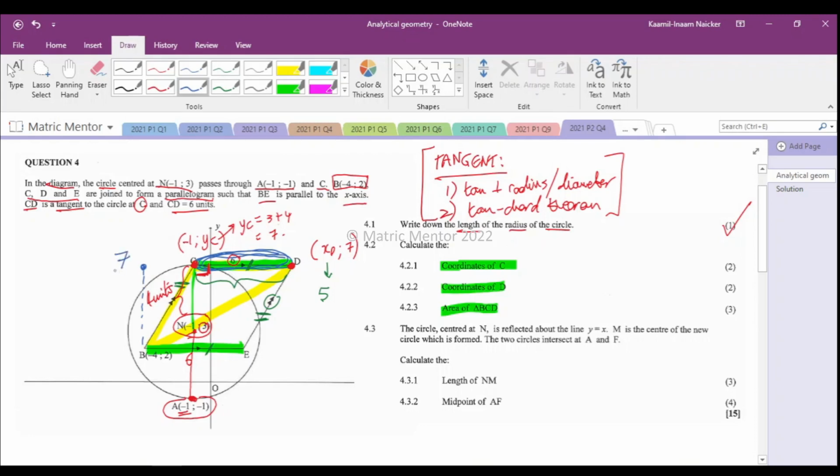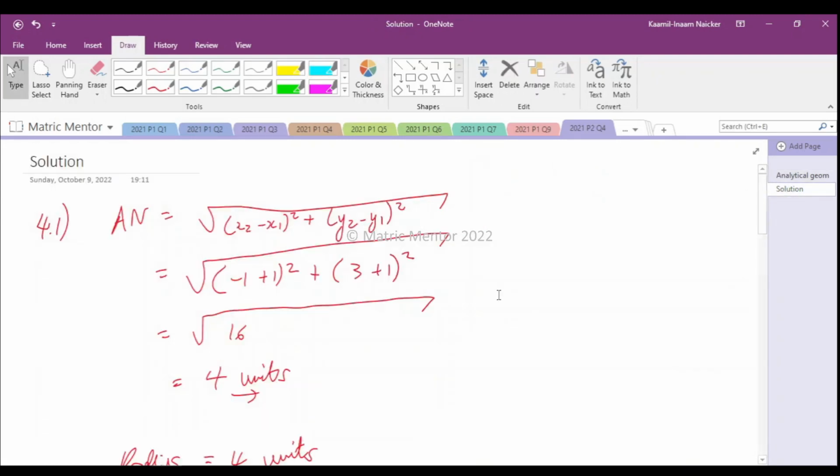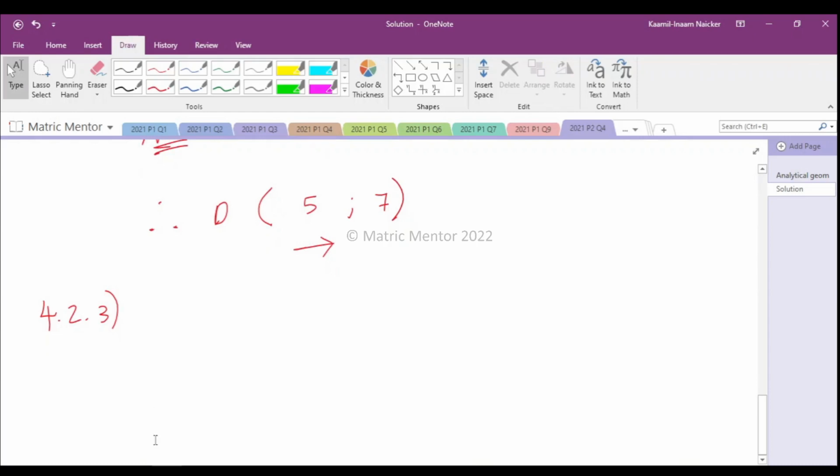So I'm going up to 7, okay, and I started at 2. So the perpendicular height of this triangle is 5 units. Okay, and then the base of this triangle is 6 units, right over here. Okay, so let's go into the solution and put that down.